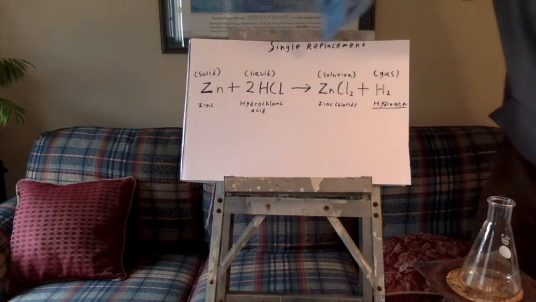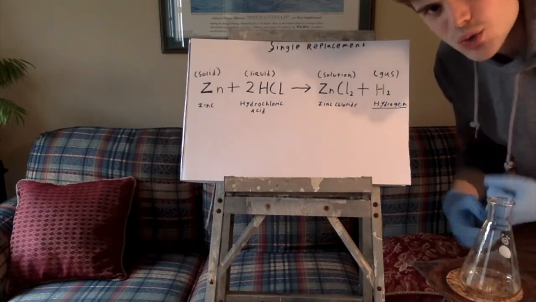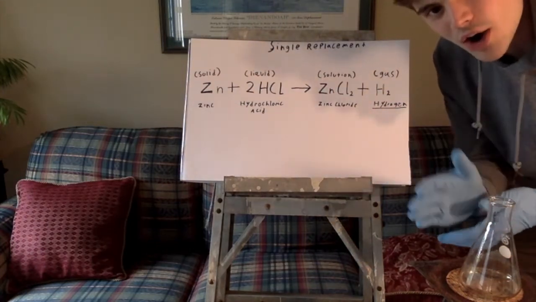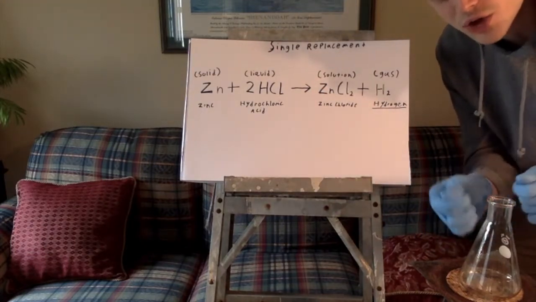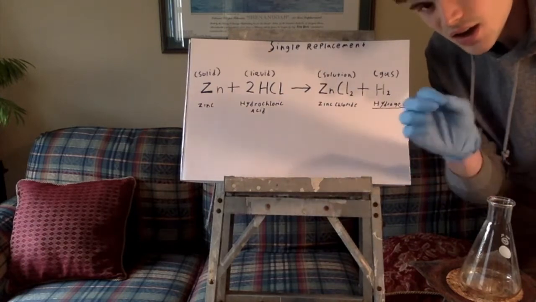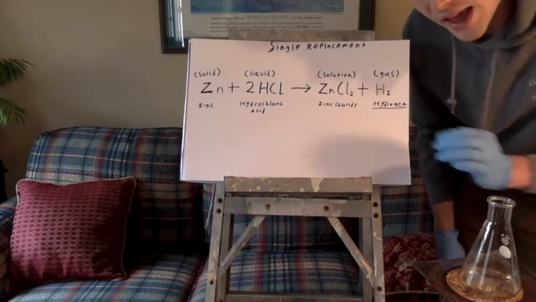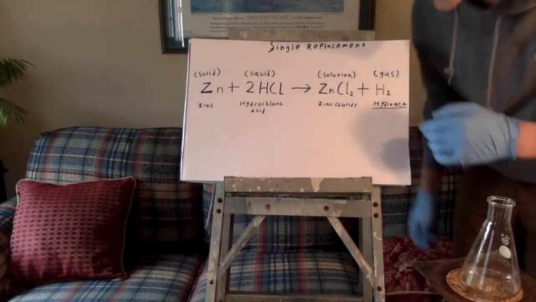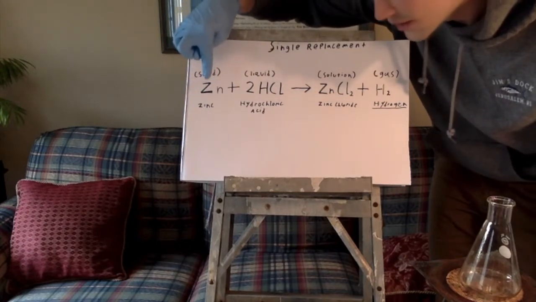So this arrow here is showing the actual process of the chemical reaction. We are going to see a little bit of boiling, a little bit of bubbling, a little bit of color change in the acid, color change in the zinc. And through that chemical reaction, we are going to change solid zinc here.